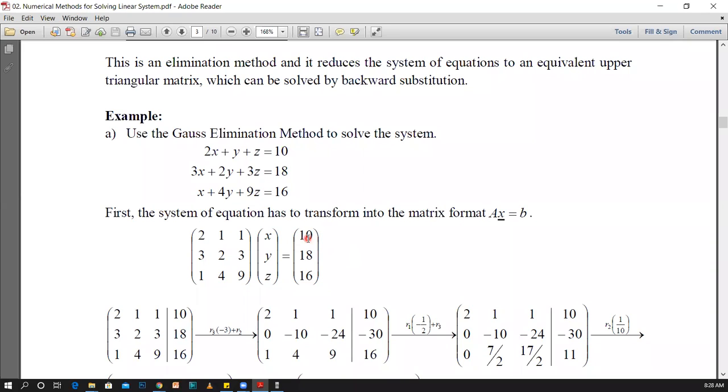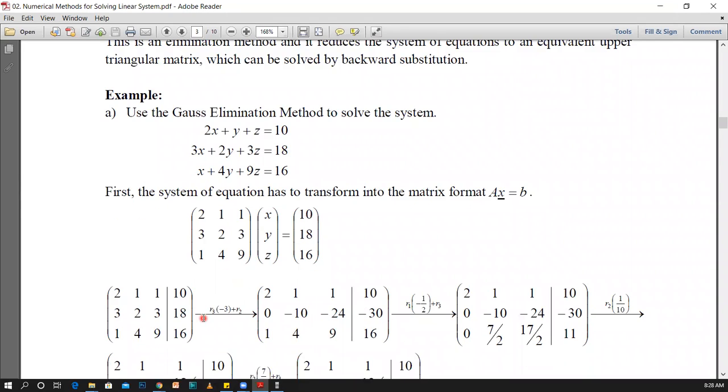Now, when you are going to use the Gauss elimination method, first of all we have to create the augmented matrix. To create it, you combine the matrix of coefficients and the vector of constants, separating them by a vertical line.